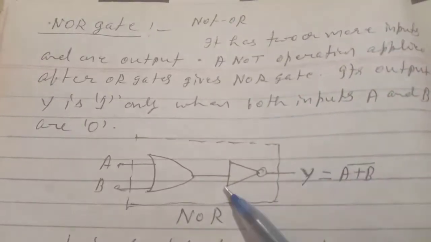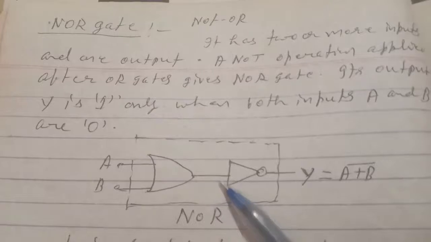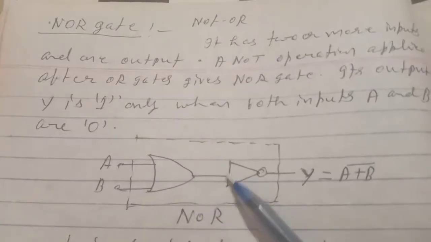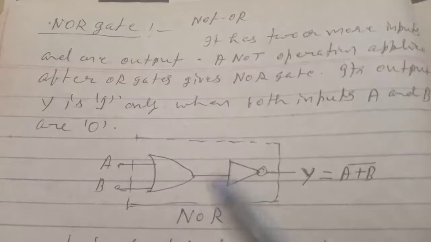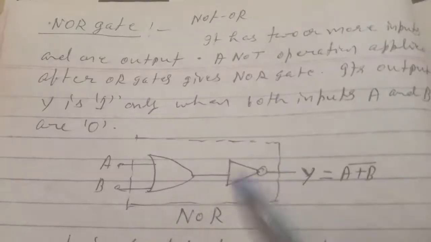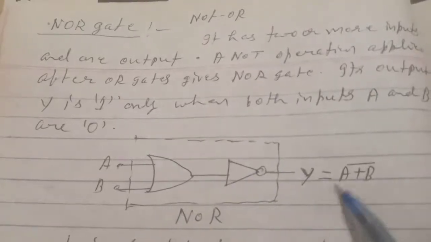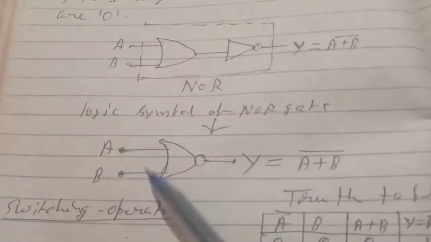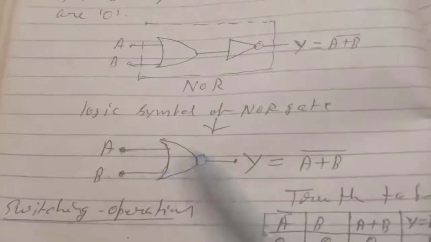If we apply NOT gate after OR gate, this is the OR gate, and we have applied NOT gate after OR gate. So this combination will give NOR gate, and its formula will be Y equals to A plus B bar, and this is the final logic symbol of NOR gate.